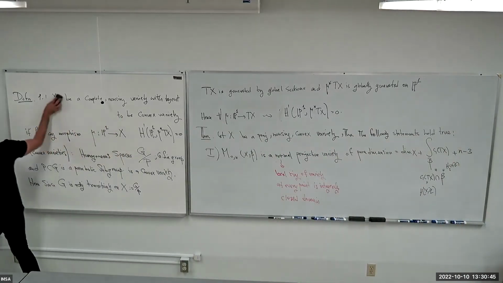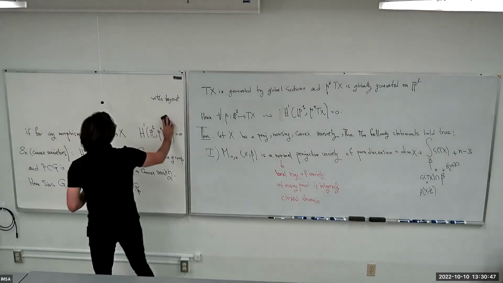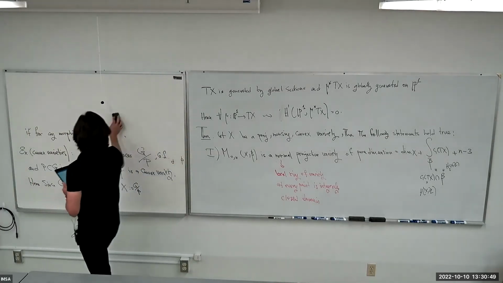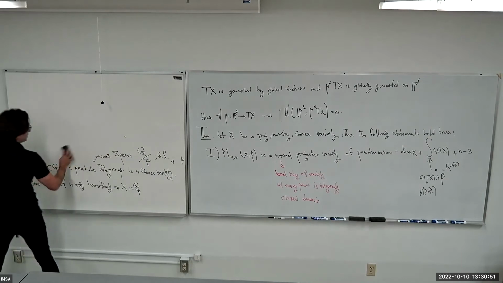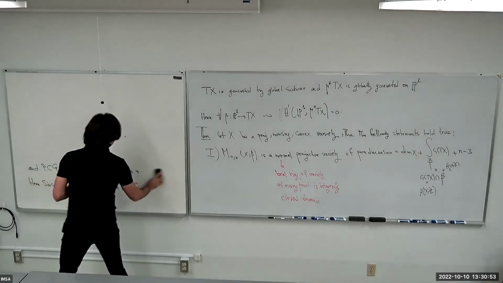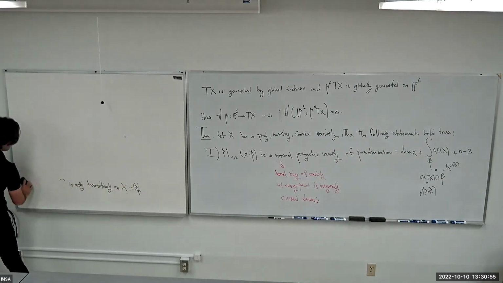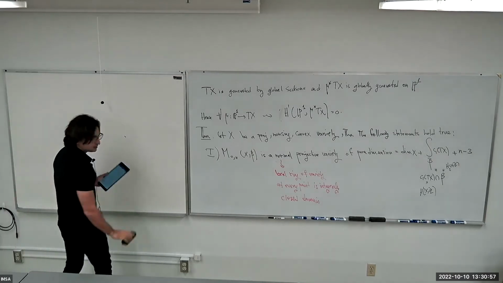All right, this is a statement about M0n for a convex variety. And then there are other statements too. If I compactify it, I can say more.